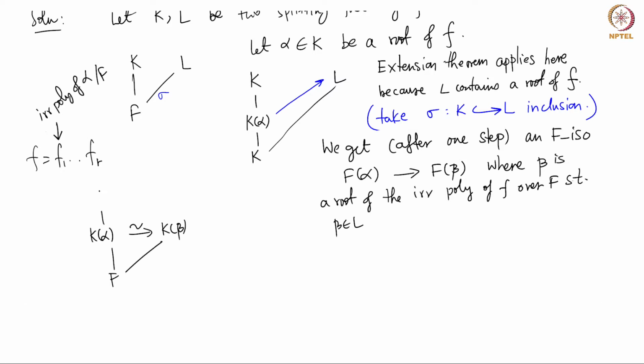and then you keep going. So F(alpha), alpha 1, this alpha can be thought of as alpha 1. So then you get an isomorphism to F(beta, beta 2). Okay, so this is an extension, and then you keep going.